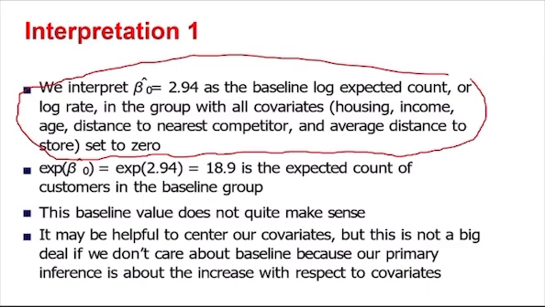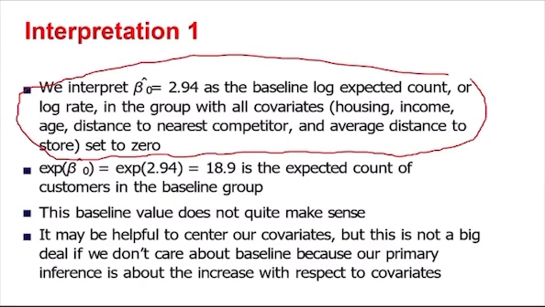We said we want to interpret beta naught now. This is the baseline log expected count or log rate in the group with all covariates equal to 0. Of course, you know how we interpret the intercept.